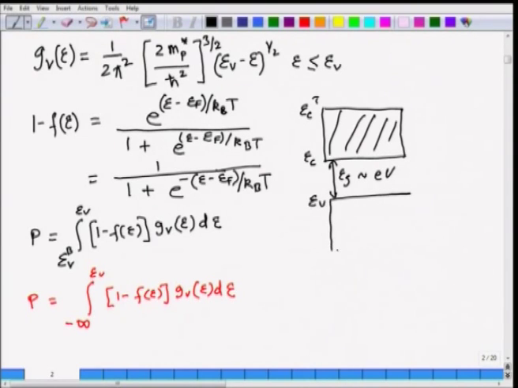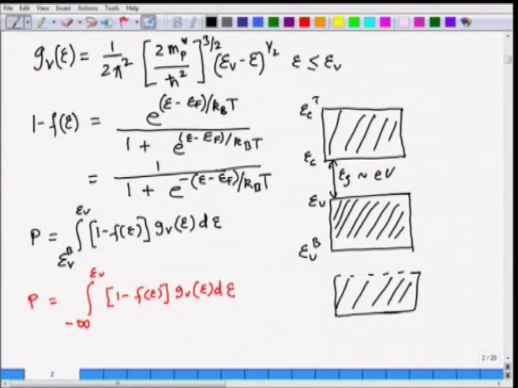Now we are going to say that there is an EV bottom also, and by the same token there may be another gap here, EG prime, and then another band here with another gap. But that does not matter. The only point is that electrons fill up all the way up to here. So, the only gap which is relevant is where electrons jump from this point to this empty state. So, these are the only two relevant bands. We call this the conduction band and we call this the valence band, but there may be other band gaps also further underneath in lower energies, and remember energy is increasing this way.